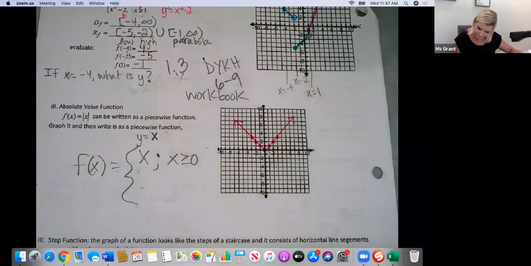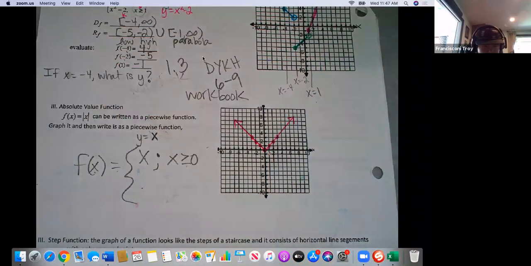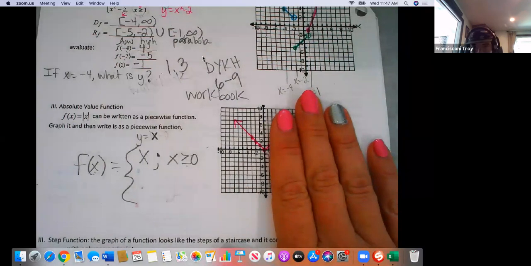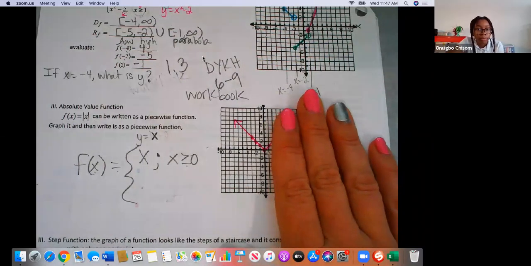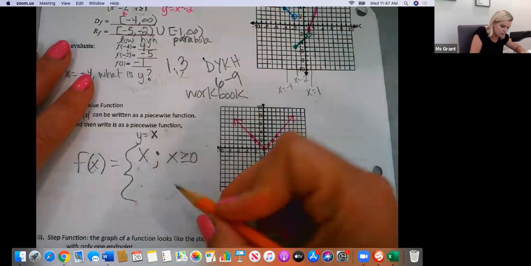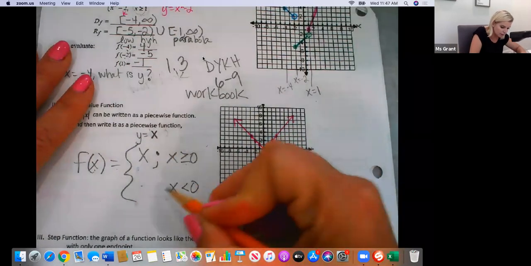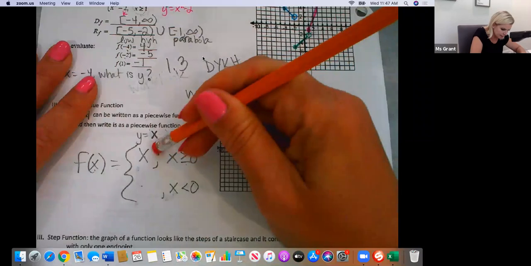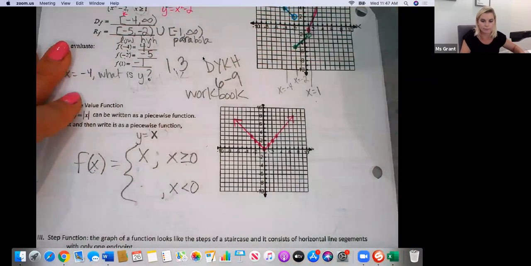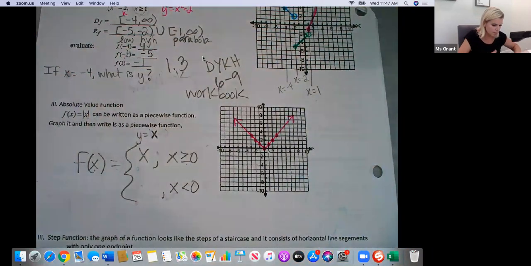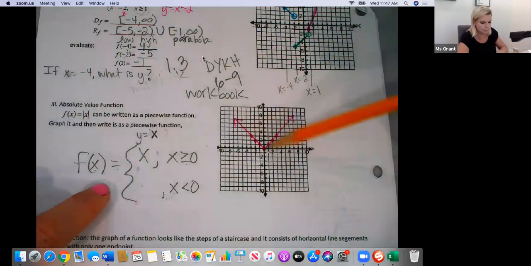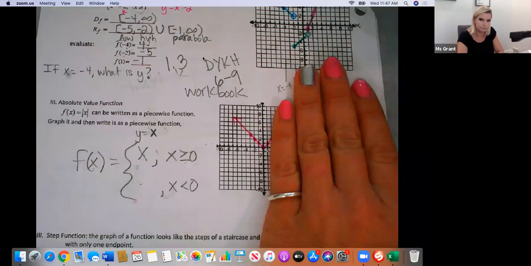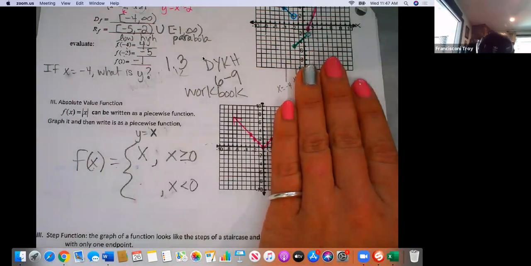Chisholm. X is less than 0. That's the restriction. I'm going to write that right now because you are on it. It's just a comma, not a semicolon. Troy, what's the equation of my downhill pink? Negative x. Y equals negative 1x plus 0. Y equals negative x.